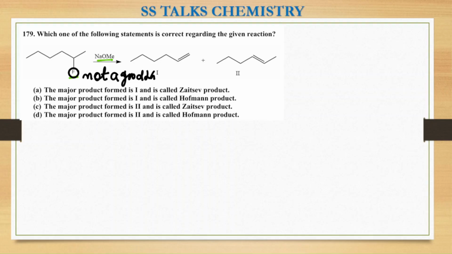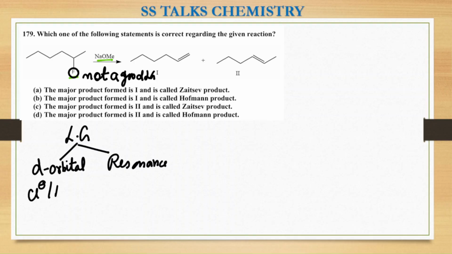Reason being, for a leaving group, you have to satisfy one of two conditions. That is, a leaving group either should have vacant d orbitals in it, or it should have resonance present in it. So that is why you see that Cl negative, Br negative, I negative have vacant d orbitals in them.